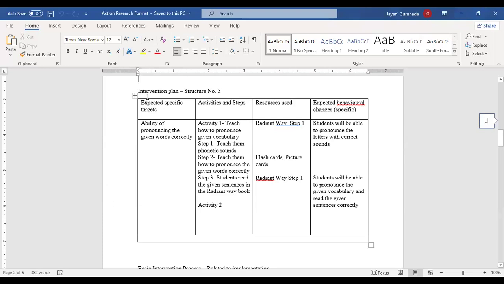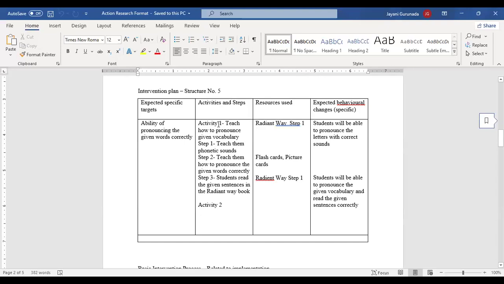Now look here. Can you see the screen now? Yes. Okay. Now the intervention plan. You don't need a structure, that's not necessary. Expected specific target: what our target is, the ability of pronouncing the given words correctly. So we give them some words and they should be able to pronounce them correctly.